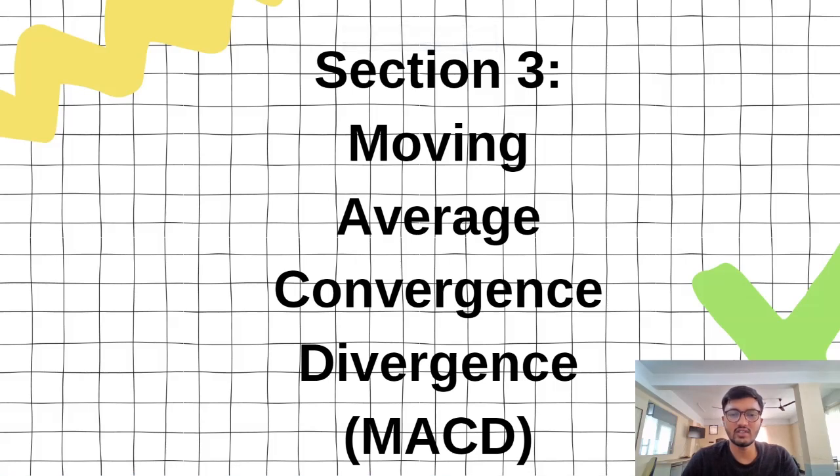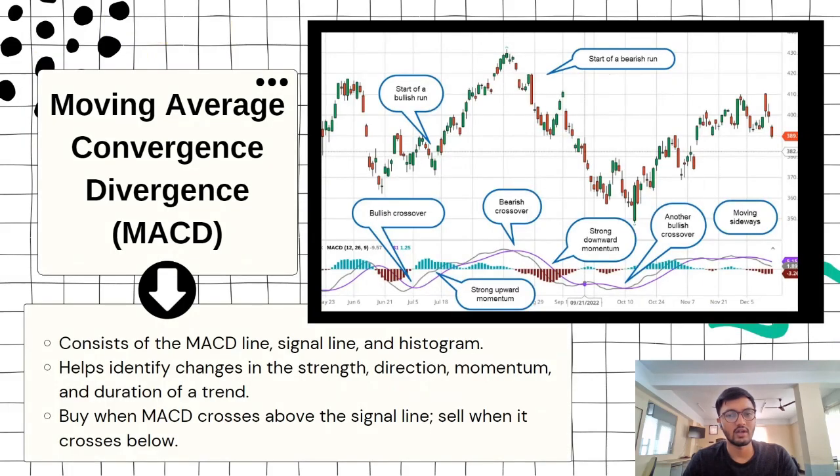Next, moving average convergence divergence. It's one of the popular indicators that we use in order to analyze the markets. MACD does some kind of calculation and takes into consideration three kinds of MA.